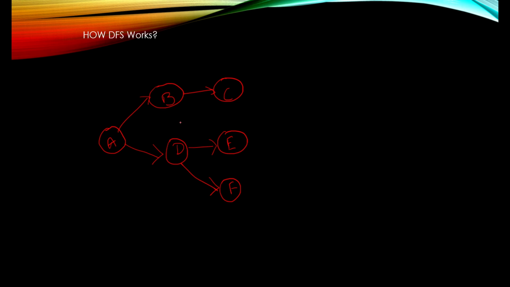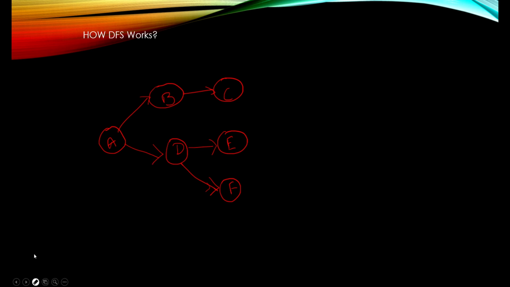But in case of DFS, since I have to go long, or I have to go till the depth of the tree or the graph and then come back, basically backtrack, and go to another branch. For example, in this case I need to go from A to D, then D to F, and since there is no node after F, I need to come back to D and then traverse to E. Since I have to follow this approach, in this particular scenario we will not be using a queue, and we will be using a stack.